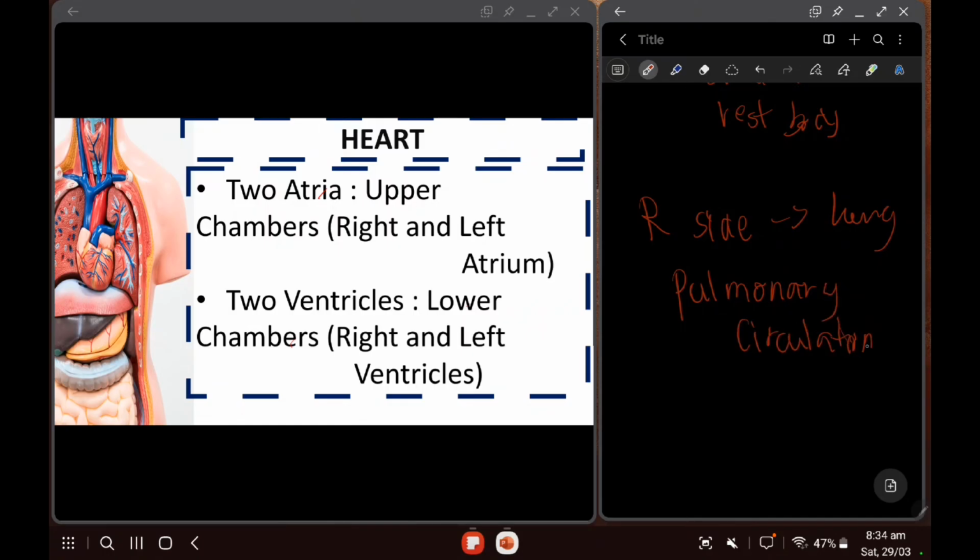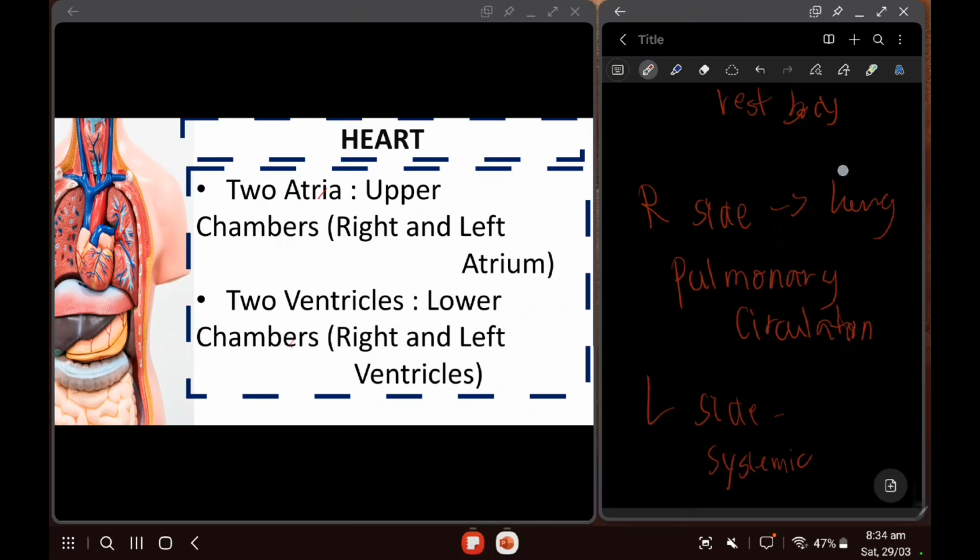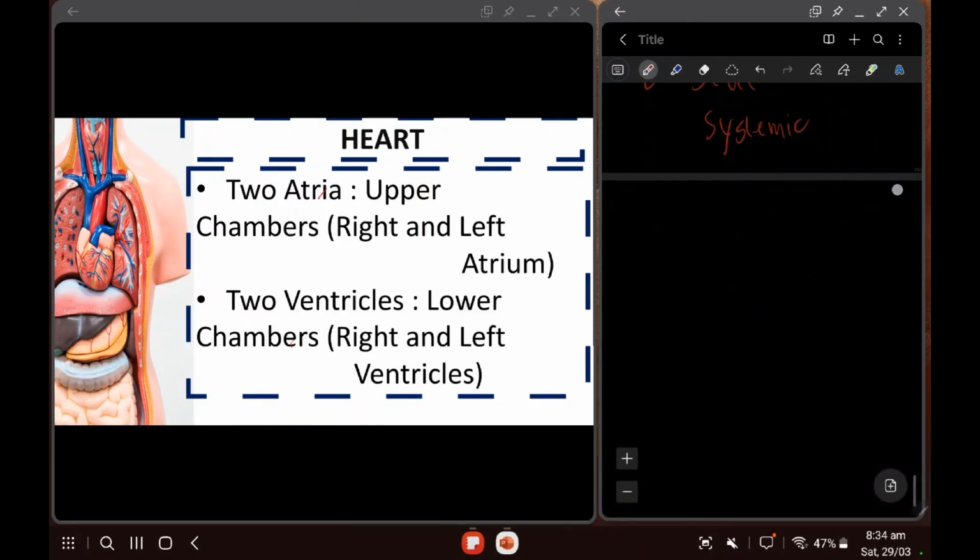While when the heart pumps on the left side, sending oxygenated blood to the rest of the body, we call that systemic circulation. This continuous circulation ensures that all of our cells receive the oxygen and nutrients they need to function properly. So, that's the heart.